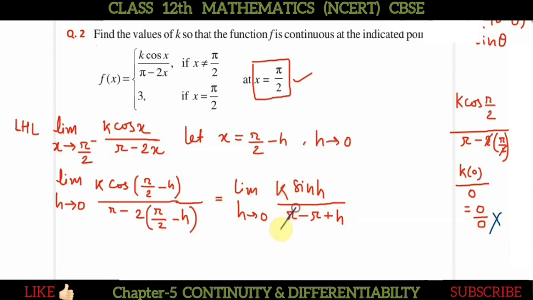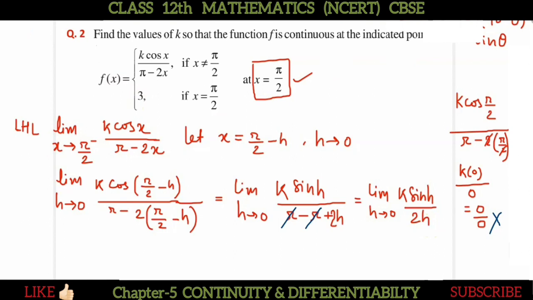So this pi and pi will cancel out, and we have 2h actually. So limit h tending 0 of k sin h upon 2h.